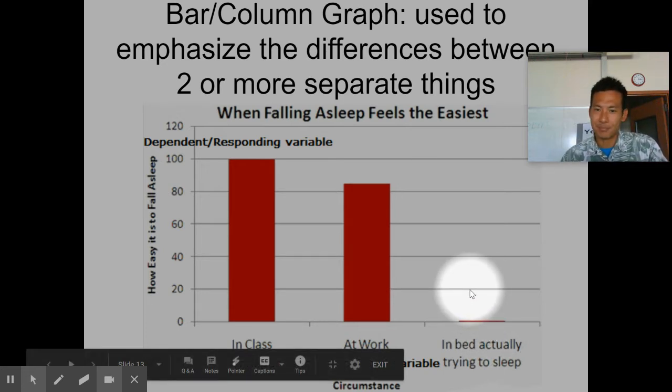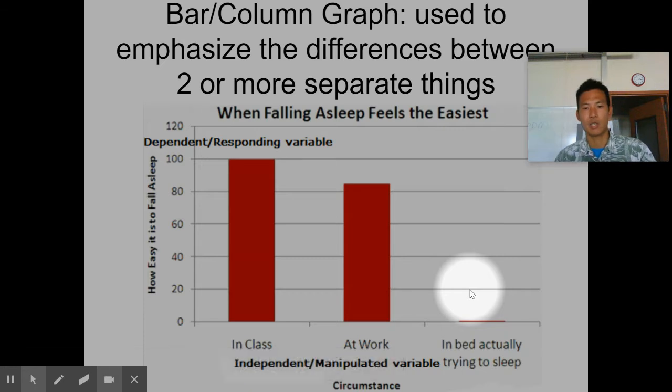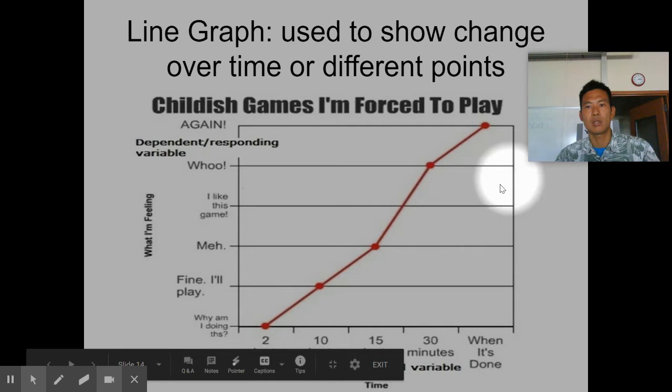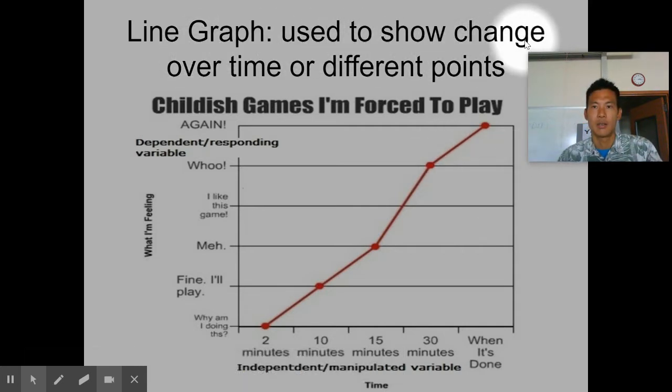Moving on to the next graph. A line graph is used to emphasize and show change. Now, a lot of you may say change over time, but do understand that change may not always happen over time.